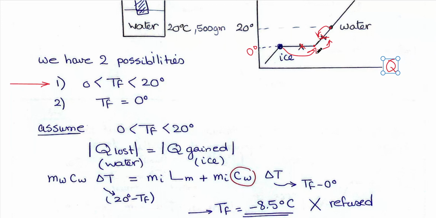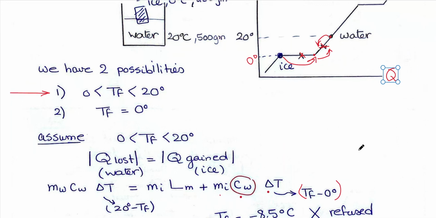As for ice, M ice Lm first to be converted to water at 0. Then M ice C water delta T. Now the ice has the properties of water, but with the same mass. T final is greater than 0, so it is T final minus 0.